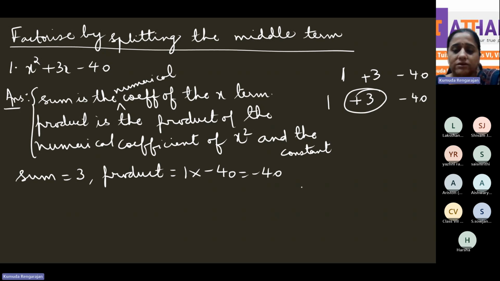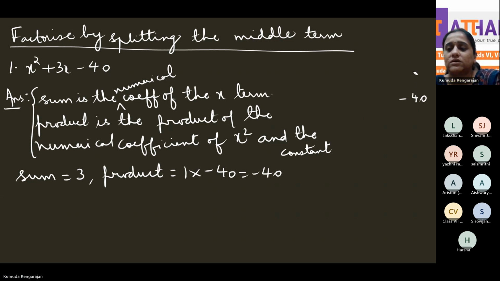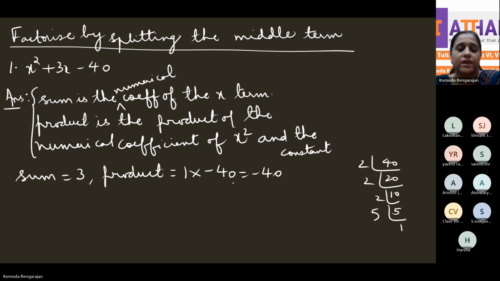Now take up the product, and in the rough column, you know this procedure, do this. So 40, ignore the minus sign.